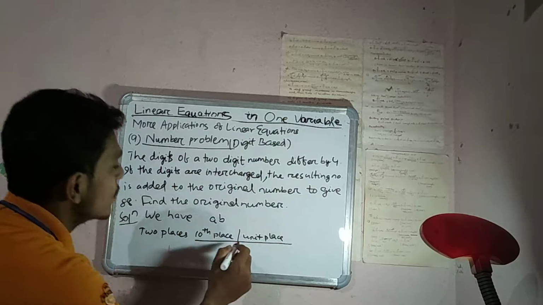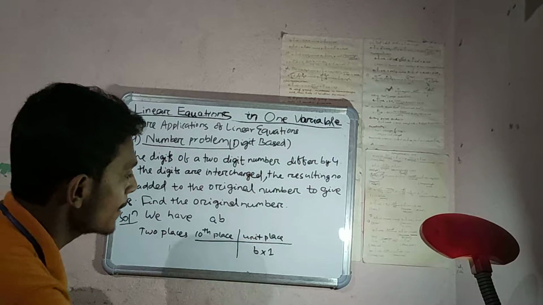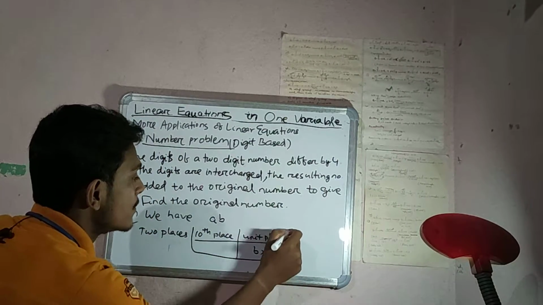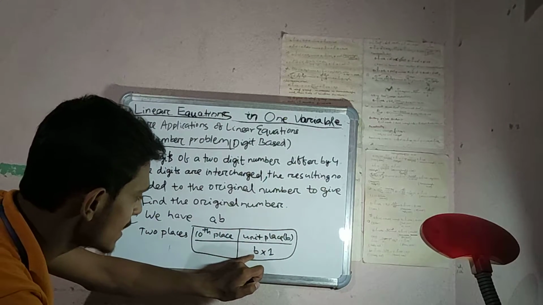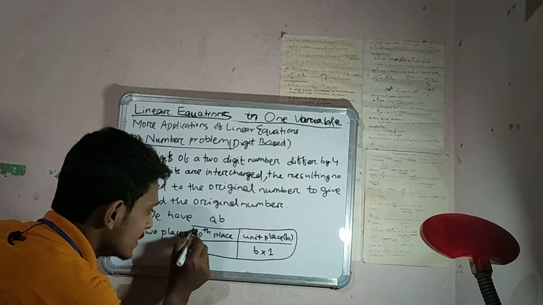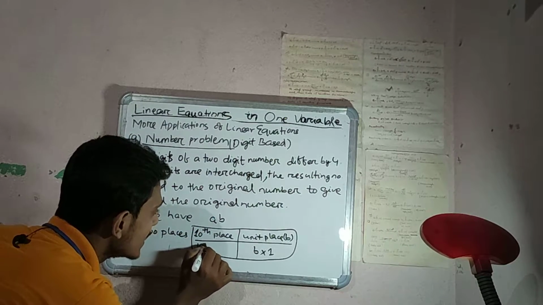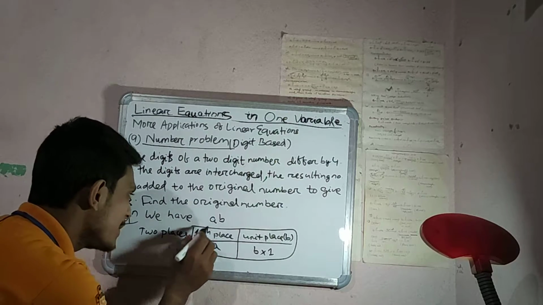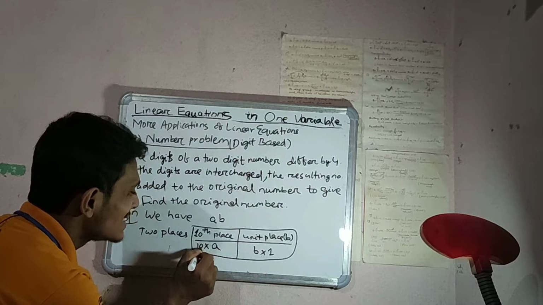The unit place is always multiplied with 1, that is B. Here for AB, the unit place is B, and unit means 1. The 10th place is multiplied by 10, that is A. The form is AB, but if we write the place value, then that is 10A.